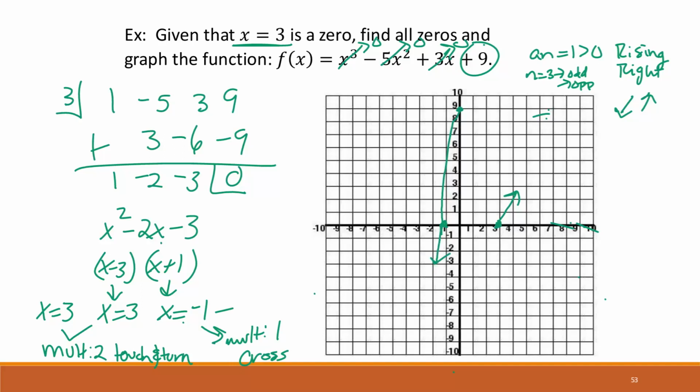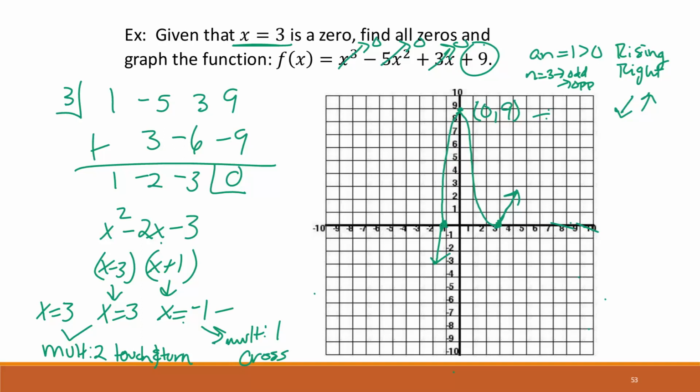And then we're going to have to turn at some point and go down and touch and go back up. It's not a very pretty picture. So down. Jeez Louise. Let me try my picture again. There we go. And then down and touch and turn. There we go.